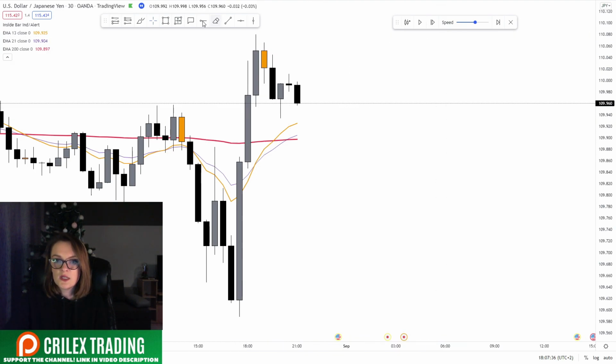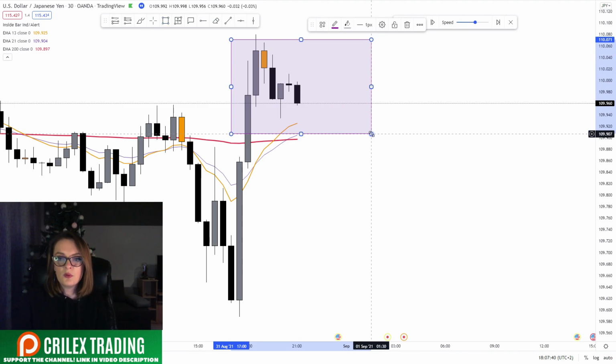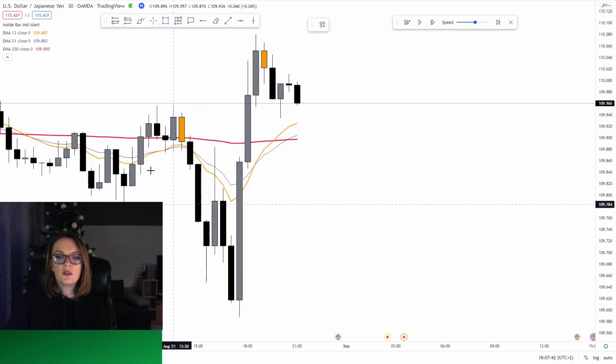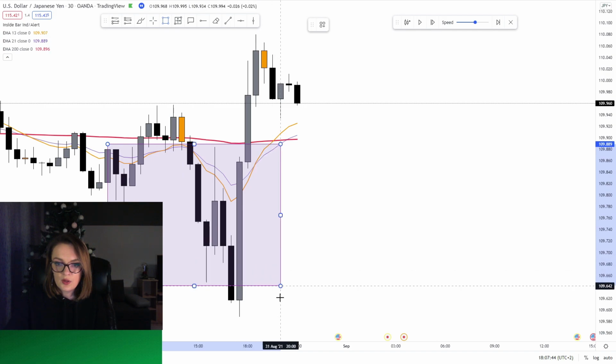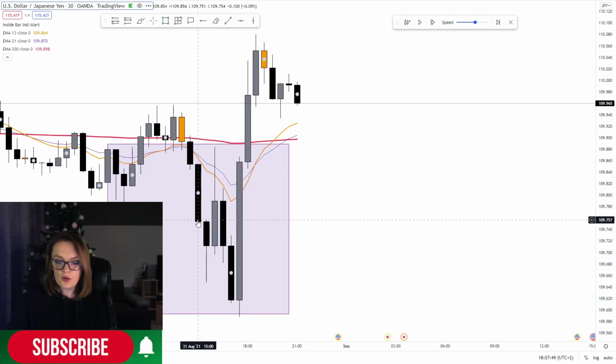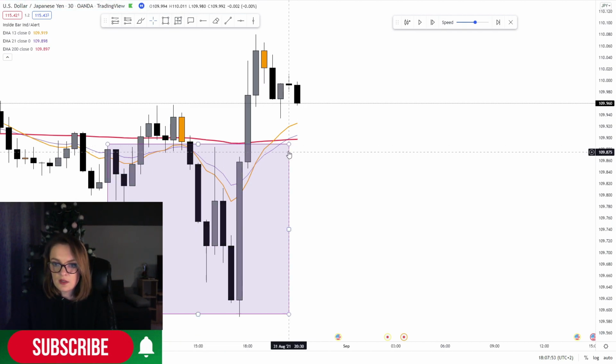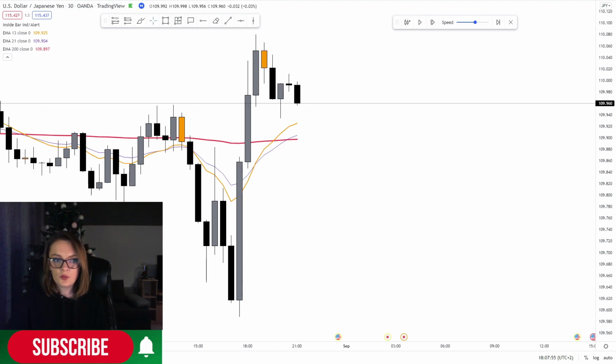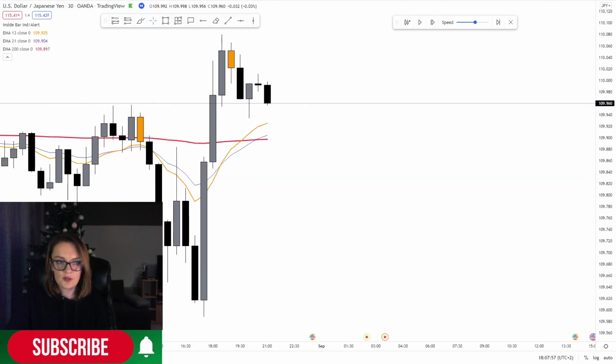When the price is above the 200 EMA, as we can see here, we will look only for buy entries, and when the price is below the 200 EMA, as we can see in this case, we will look only for short positions. Okay, let me delete this one and go to the next part of this strategy.